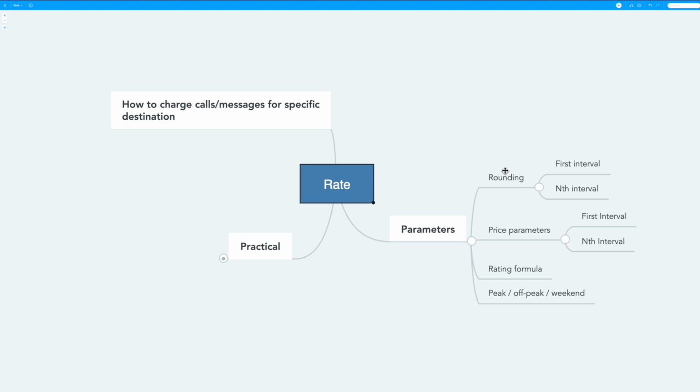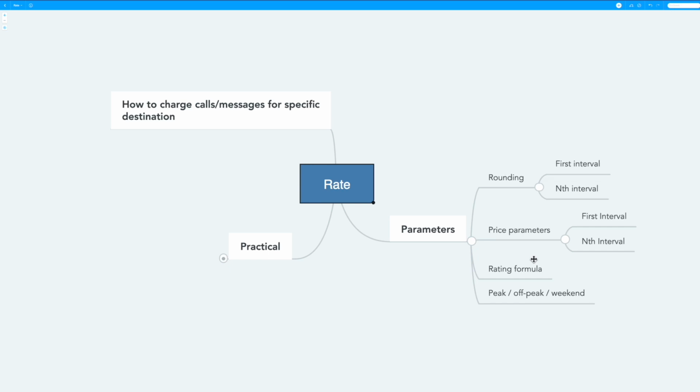We can set the same rounding for first and next intervals, but different prices as well. So in this case, if we set a cheaper price for the next interval, it will mean that the more you talk, the cheaper is the service to you.